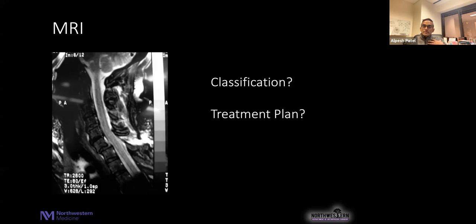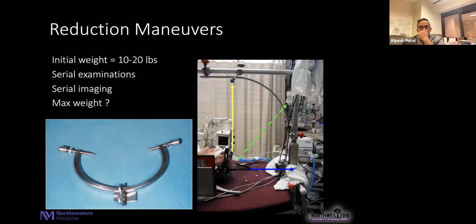The one reason I use MRIs in this setting, in this case, is that this is somebody that I did an awake reduction on, which is my next slide here, right? You put them into tongs and you can use either bivector traction or honestly just your own hands to take this injury and reduce that facet back. Another conversation for another day about how we go about doing that, but you can closed reduce these injury patterns.